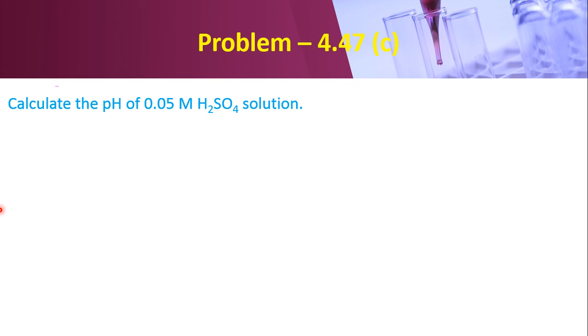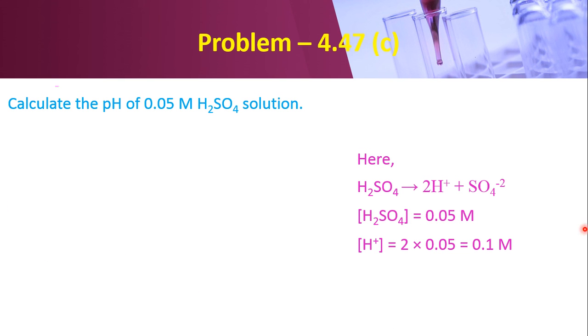So, from 0.05 molar sulfuric acid, we will get 2 into 0.05 molar hydrogen ion, because from 1 molar sulfuric acid we get 2 molar hydrogen ion. So, from 0.05 molar sulfuric acid we will get 0.1 molar hydrogen ion.